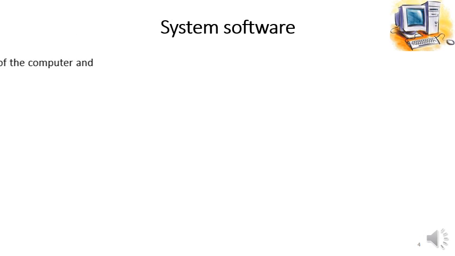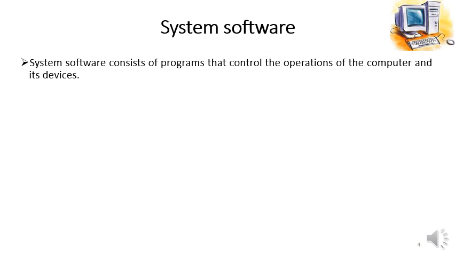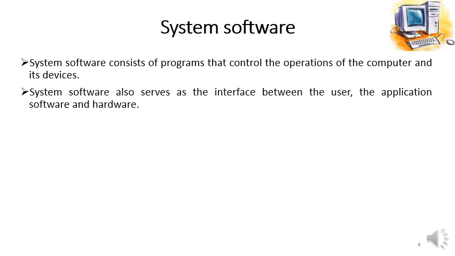System software. System software consists of programs that control the operations of the computer and its devices. System software also serves as the interface between the user and the application software and hardware.